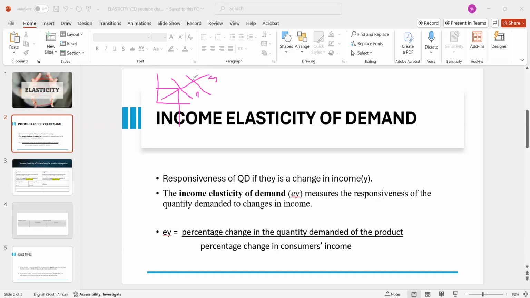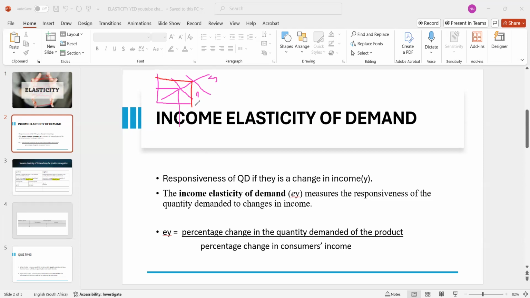Because now consumers have more disposable income and they're demanding more goods and services, the price will increase in order to try and discourage their consumption. So the price will increase from P to P1 here, and the quantity also will increase from Q to Q1 here.